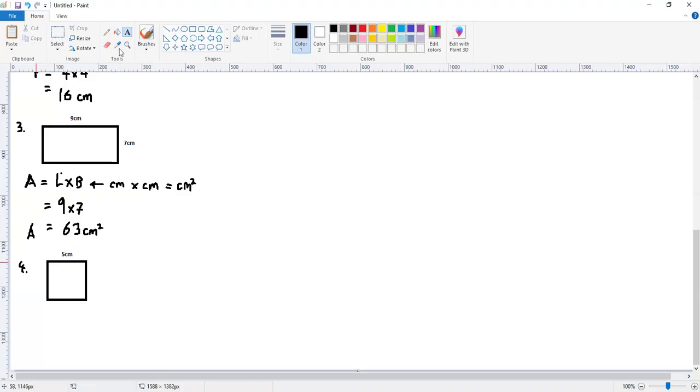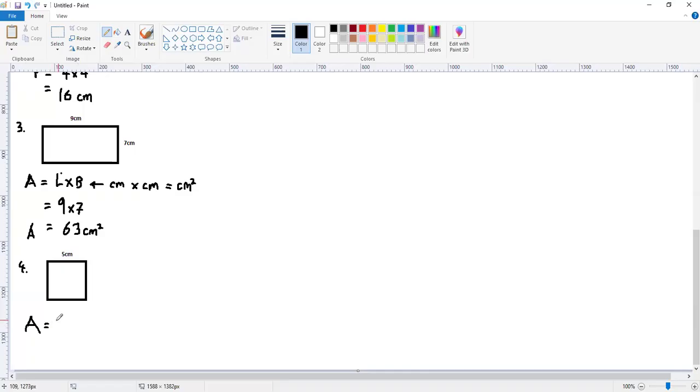Now, the formula for the perimeter of a square is P. Oh my goodness, did I just say P? I'm sorry. It can't be P again because it's not perimeter, it's A. So this formula, we can prove it again based on the assumption that a square is simply a rectangle that has equal sides.